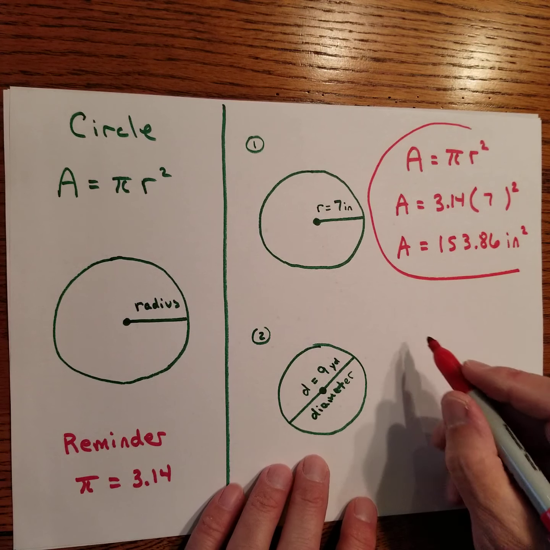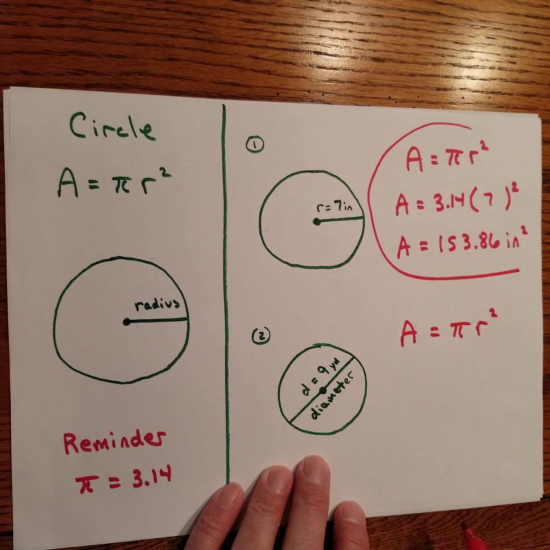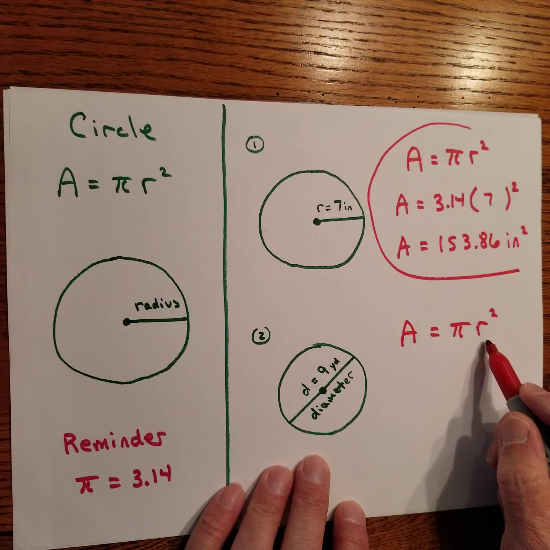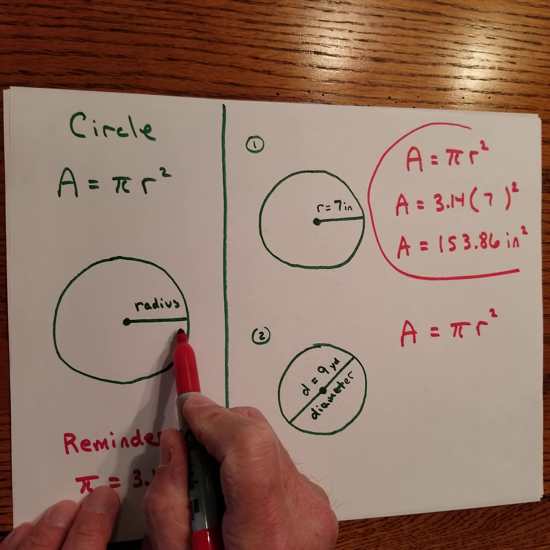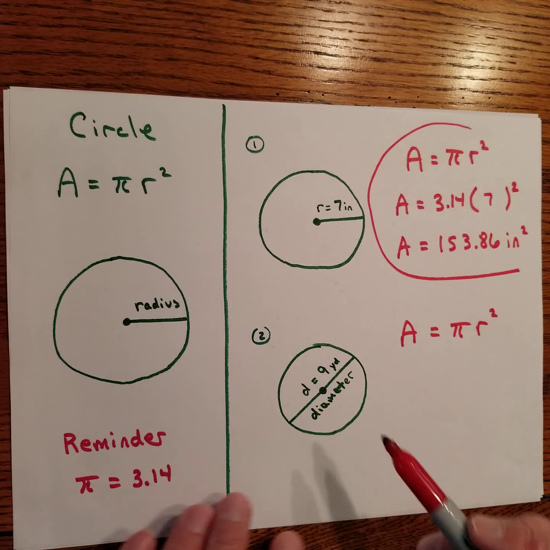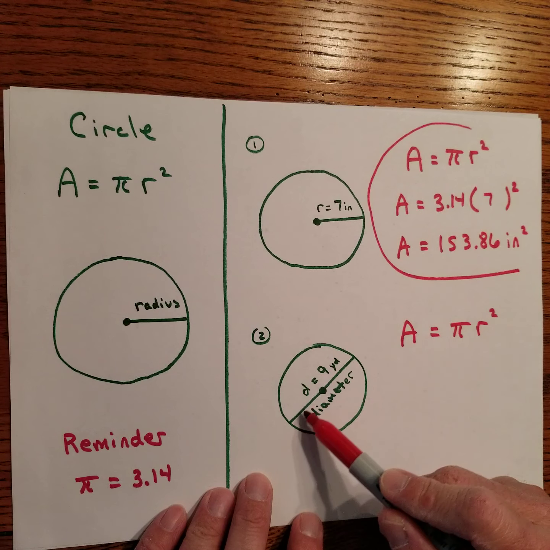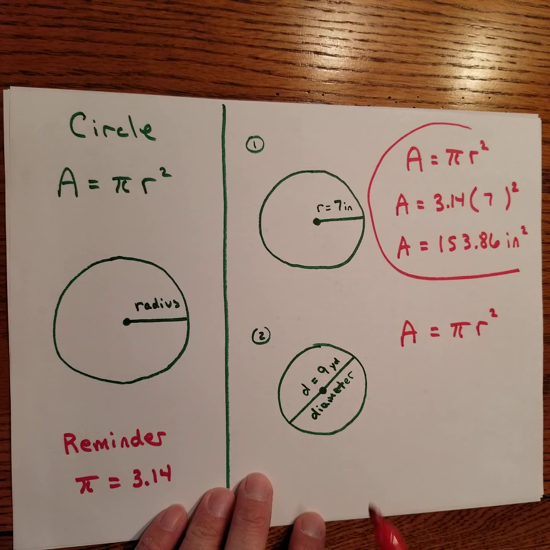Let's try it again. Area is pi r squared. Now remember, r is radius. Radius only goes halfway across the circle. But this line here that is 9 yards long, that goes all the way across the circle. That's the diameter. I don't want the diameter. I want the radius.